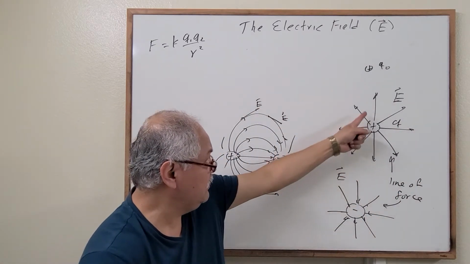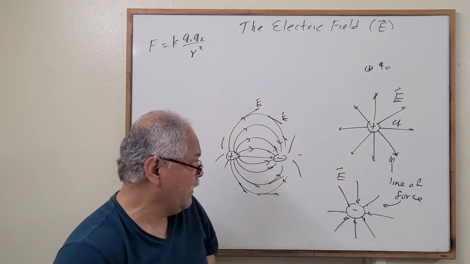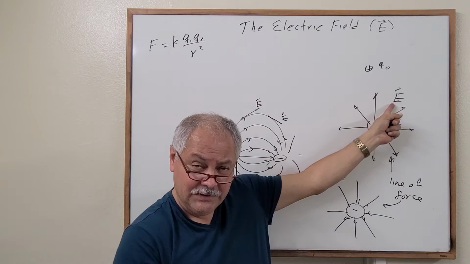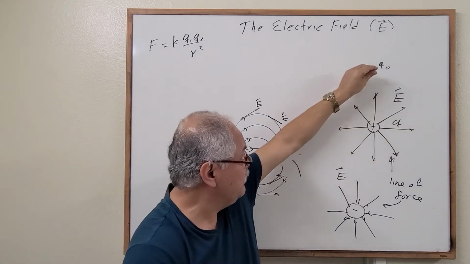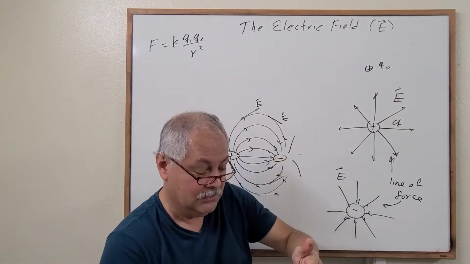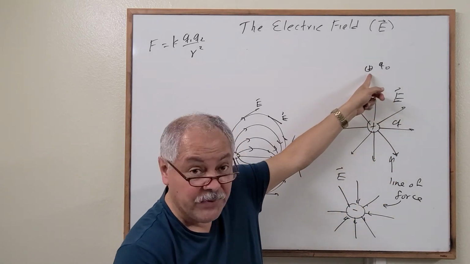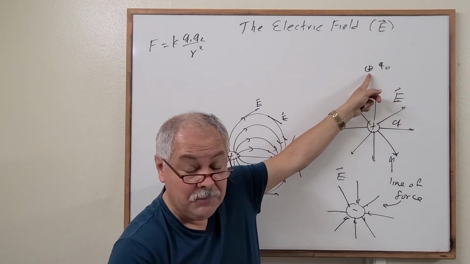And then what happens? Well, we have an attractive force, but we're not looking for the force. We're looking only for the electric field. Now, if we remove this charge, there is no force right here, but the electric field is still present there, even though we have no charge.